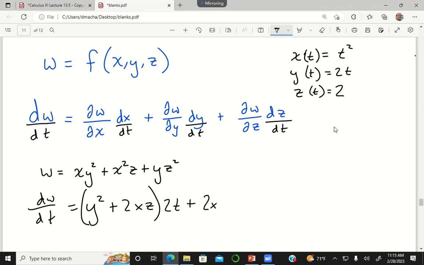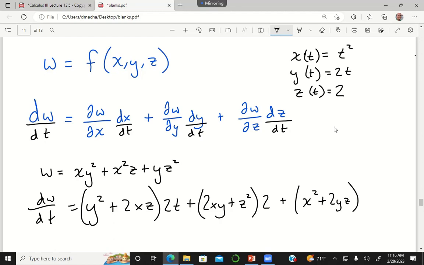Should be 2xy plus z squared. And what is dy dt? Just 2. And then plus, now we're on partial w with respect to z, which is x squared, yeah. Plus 2yz, yeah.